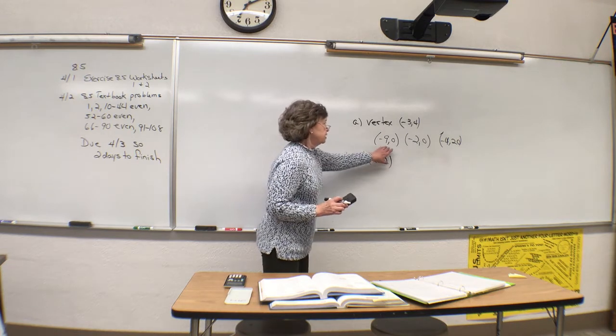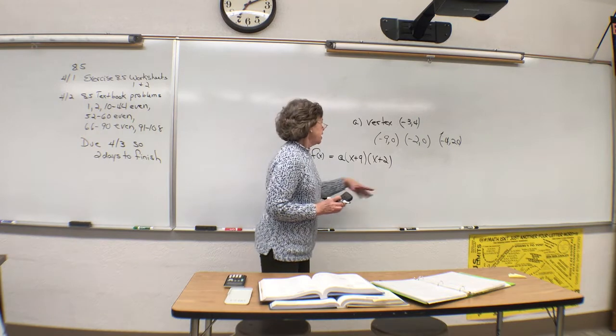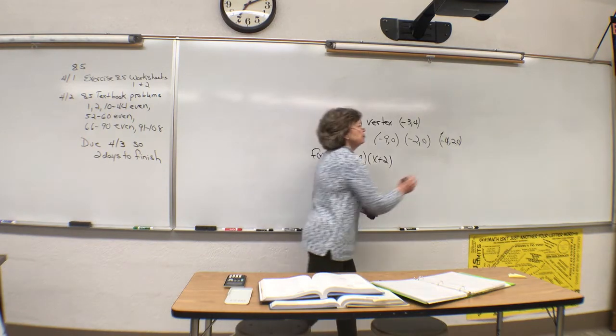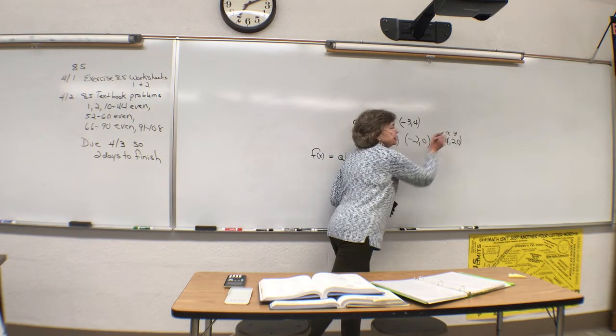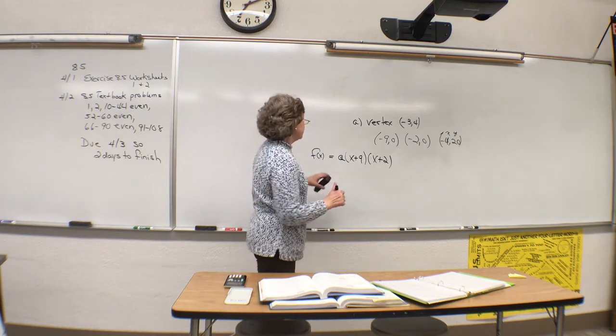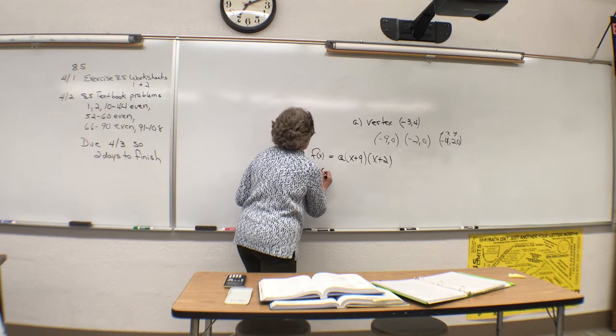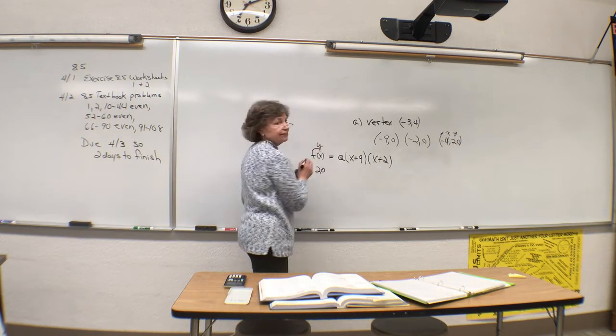So I've got x-intercepts at negative 9 and negative 2, and I don't know what the a is yet, but I have an x and a y that are going to help us figure out the exact equation. And so now at this point, we're going to plug in for y. So remember, we could replace f of x with y.